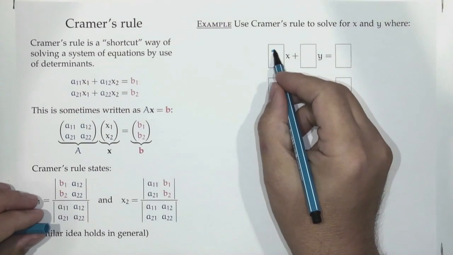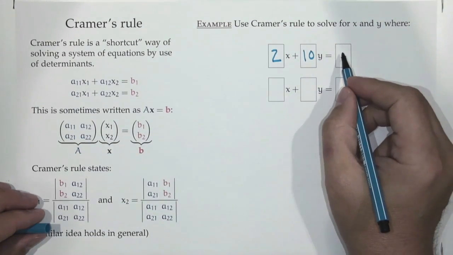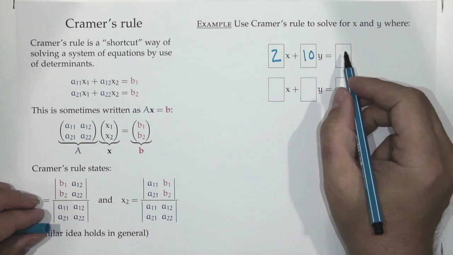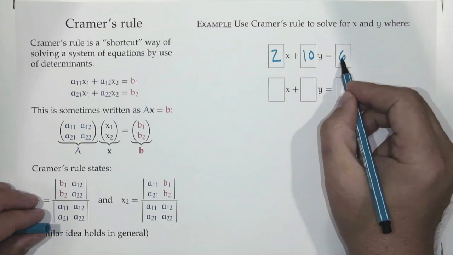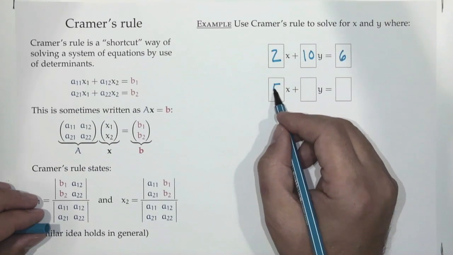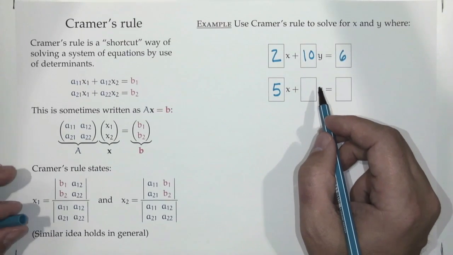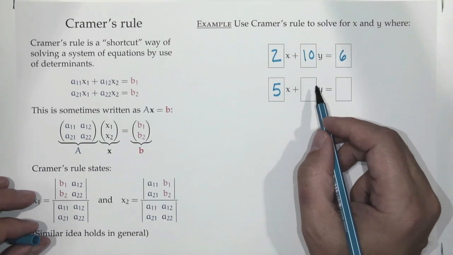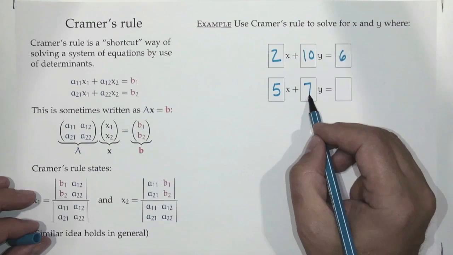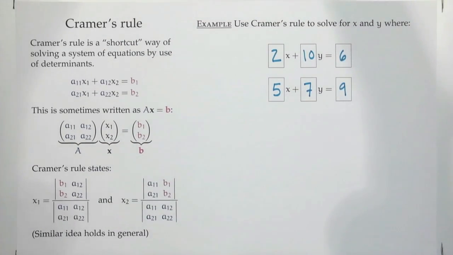Okay, 2 is a nice number. 10. 6. 5. 0. Not that nice. You won't believe me if it's that nice. 7. 9. All right. Now, of course, you can try this on your own with any set of numbers you want.